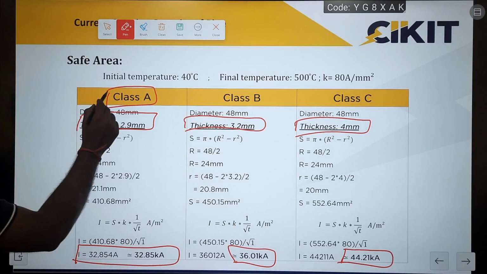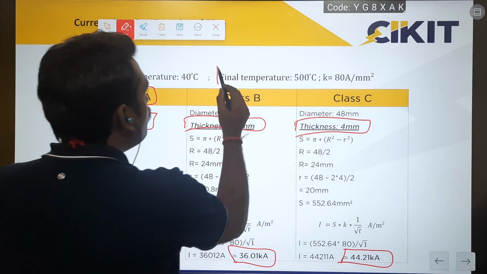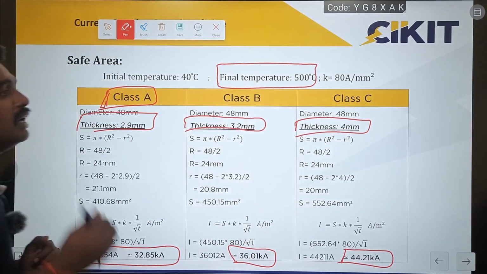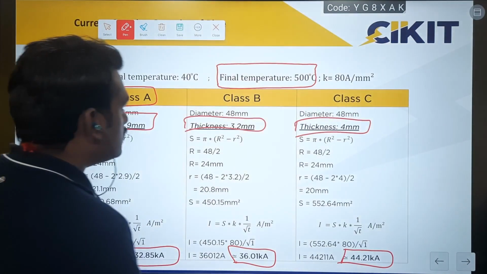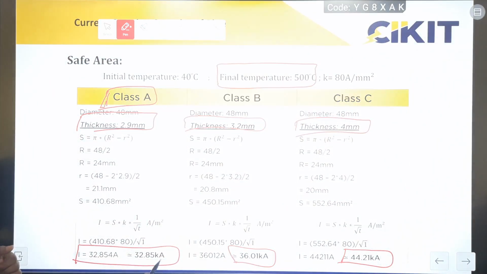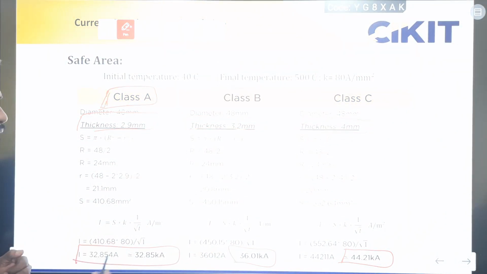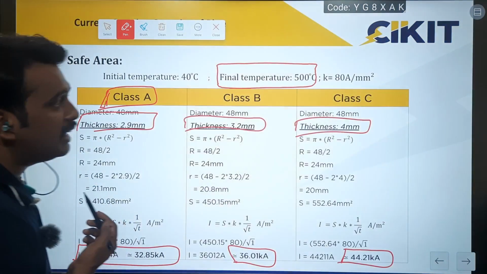One more thing which we have to note in this formula is the final temperature. Whenever current flows through any material, heat will be produced. If I take class B as an example, if a 36 kA current flows, the final temperature will be 500 degrees centigrade.